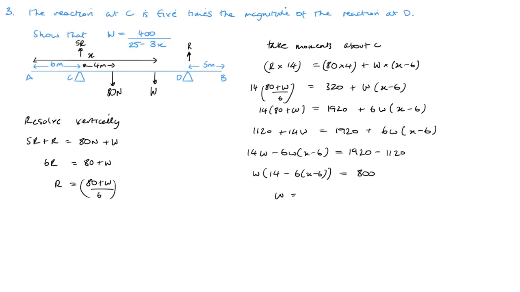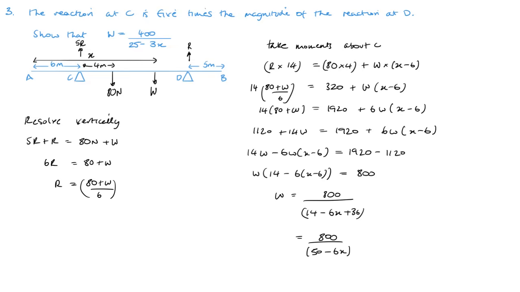So W equals 800 over 14 minus 6x plus 36. So 36 plus 14 is 50. So we've got 800 over 50 minus 6x. We're almost there.